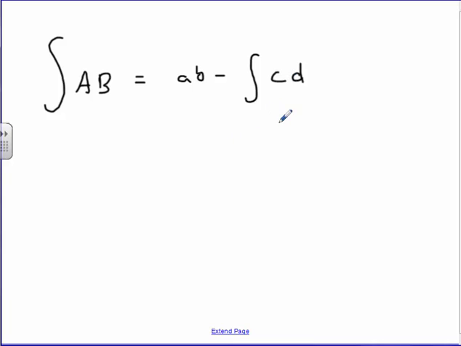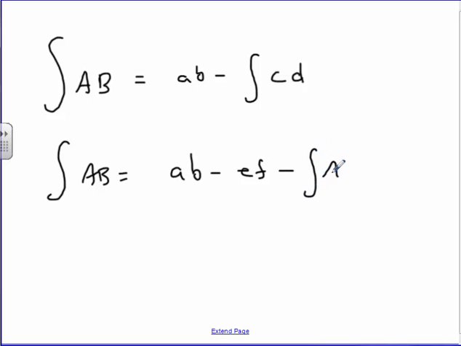But then when he had to solve for that antiderivative a second time, this was really cool. We should maybe make that equal to EF minus, and then when he had to do the antiderivative again, it actually ended up cycling back and giving him AB. So he ended up in an infinite loop where he always had to take an extra derivative.